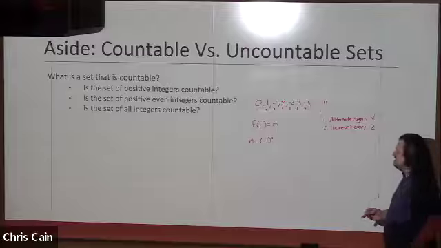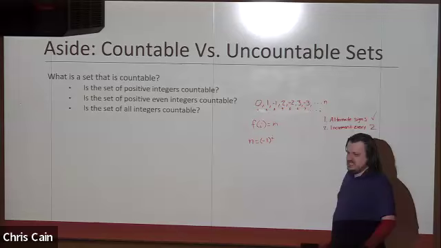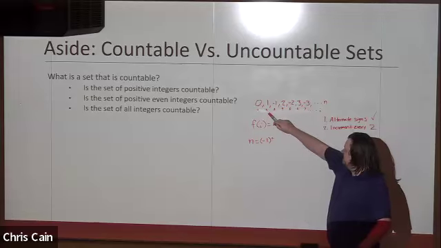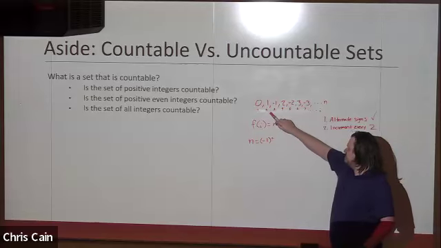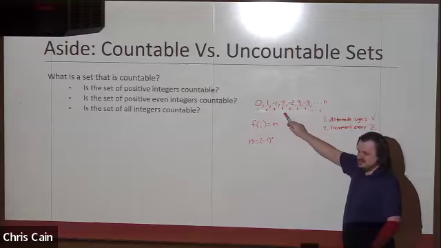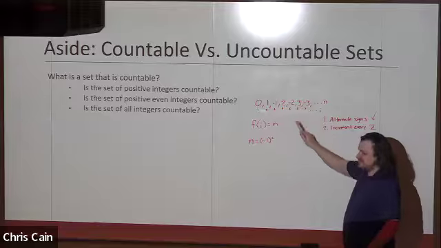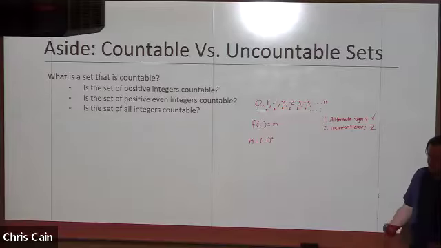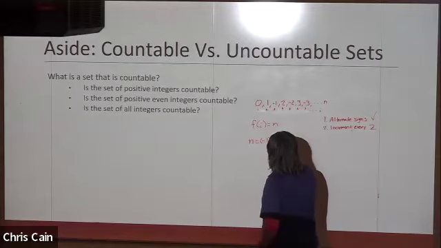I think the easy way to see this is that some of these numbers are really easy. Let's look at 2. How do you go from 2 to 1? Divide by 2. How do you go from 4 to 2? Divide by 2. How do you go from 6 to 3? Divide by 2. So it seems like dividing by 2 is going to be a pretty good idea.